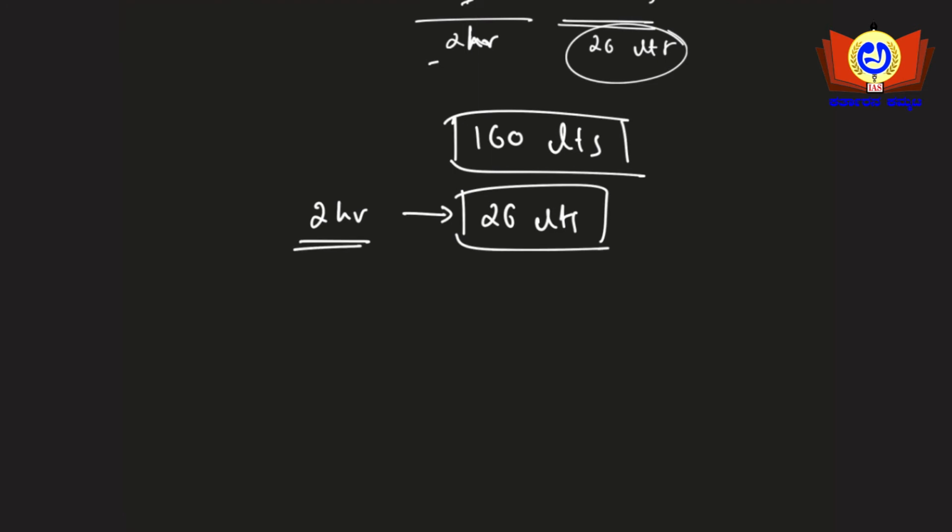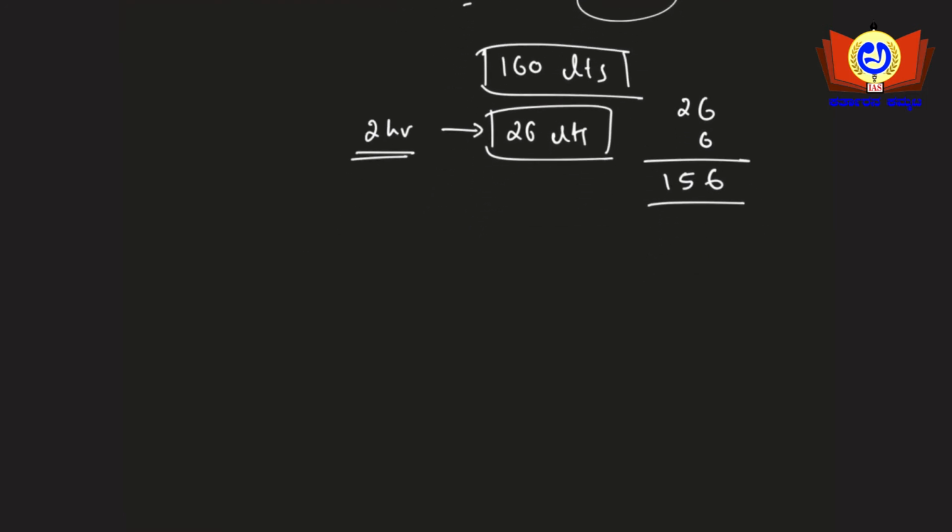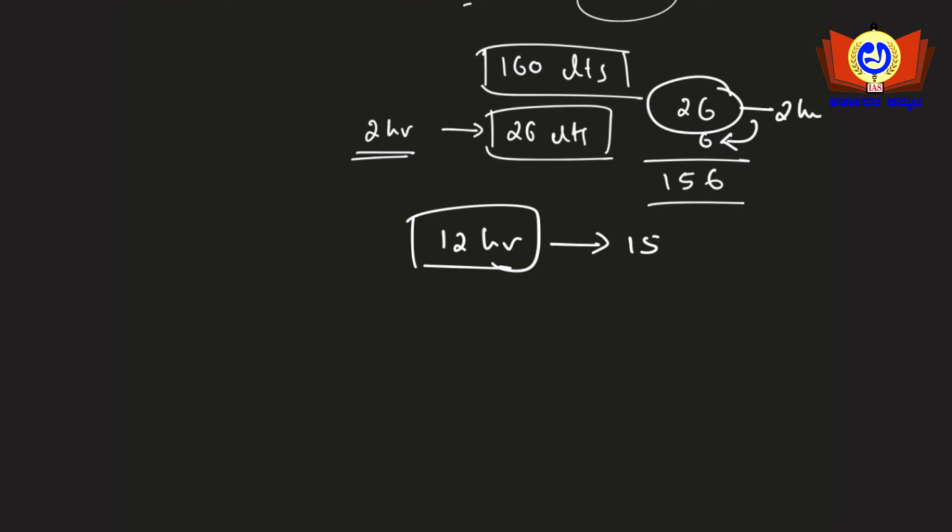So 26 into 6, how much will I get? 156. 26 into 6 is 156. This 26 is for 2 hours, and I have multiplied by 6 here. So in 12 hours, 156 liters of the tank will be filled.